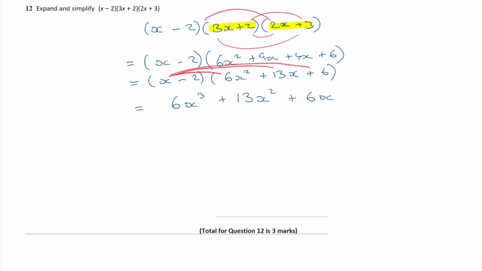Right, and then what I need to do is do the same thing again, but for the negative 2. So negative 2 times 6x squared, negative 2 times 13x, and negative 2 times 6. Negative 2 times 6x squared is equal to minus 12x squared.